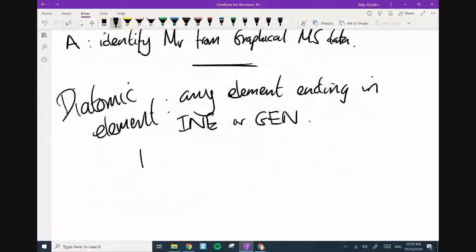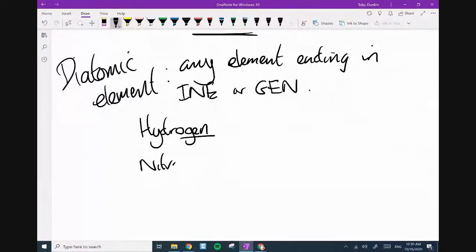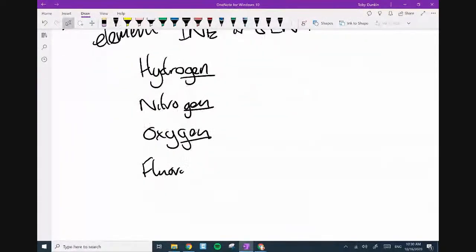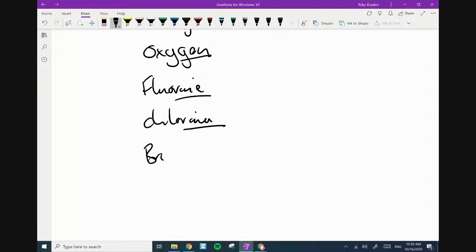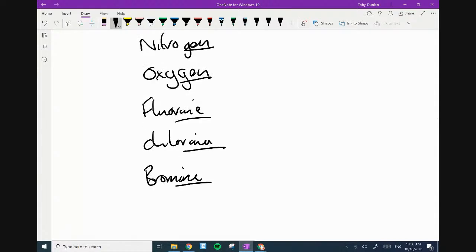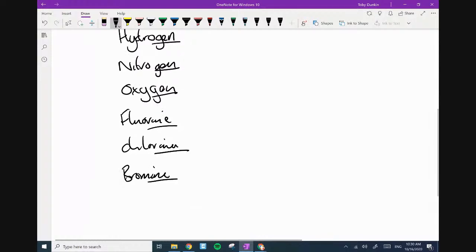Hydrogen, then we have nitrogen, and then we have oxygen, and then we have fluorine, chlorine, and then bromine, and iodine. 7 elements that travel around in pairs.